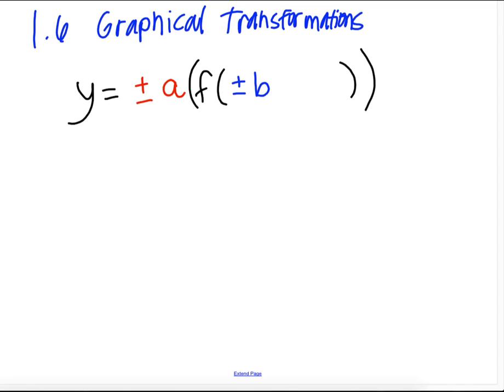And then you would have your x, and then plus or minus h, and on the outside you'd have plus or minus k.